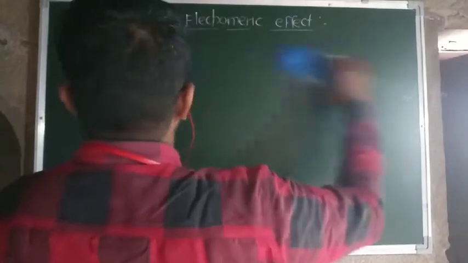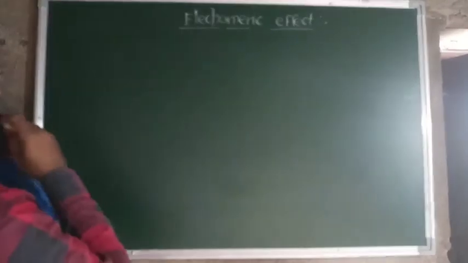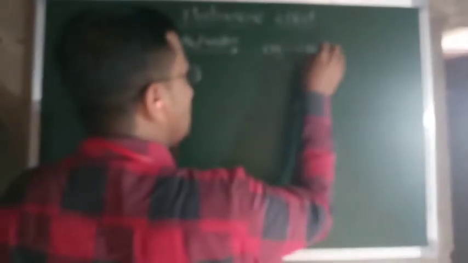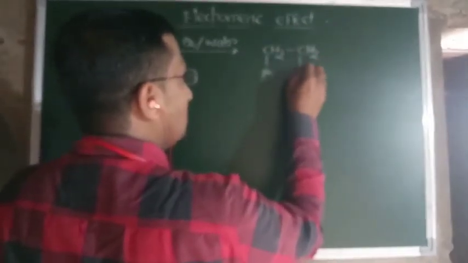Take the same example, CH2 double bond CH2, ethylene, and bromine water, which forms CH2Br single bond CH2Br, isn't it? No additional product is formed because it is simply an addition reaction.